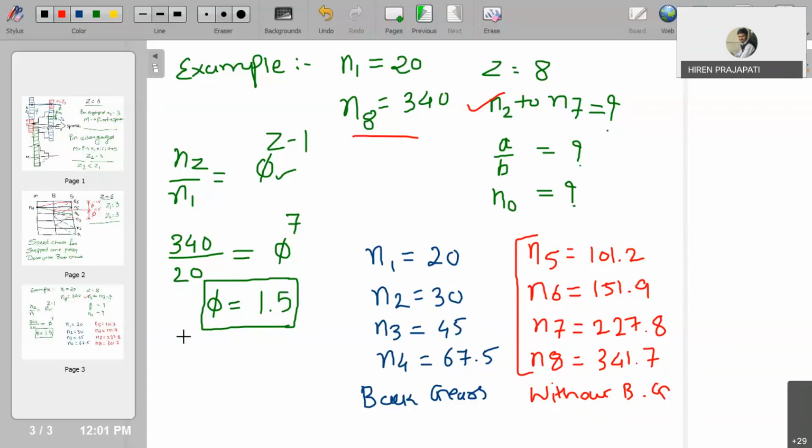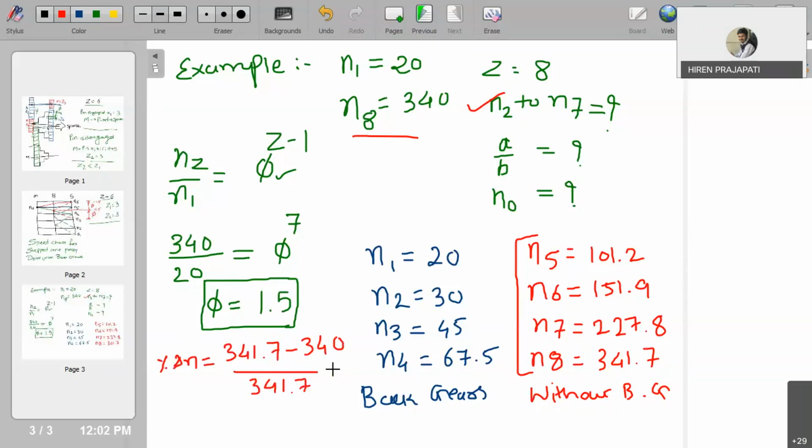So we first of all need to find out percentage delta n. For this last speed, let us calculate: n practical, which we are getting as 341.7, minus n theoretical, which is 340, divided by practical 341.7, right?